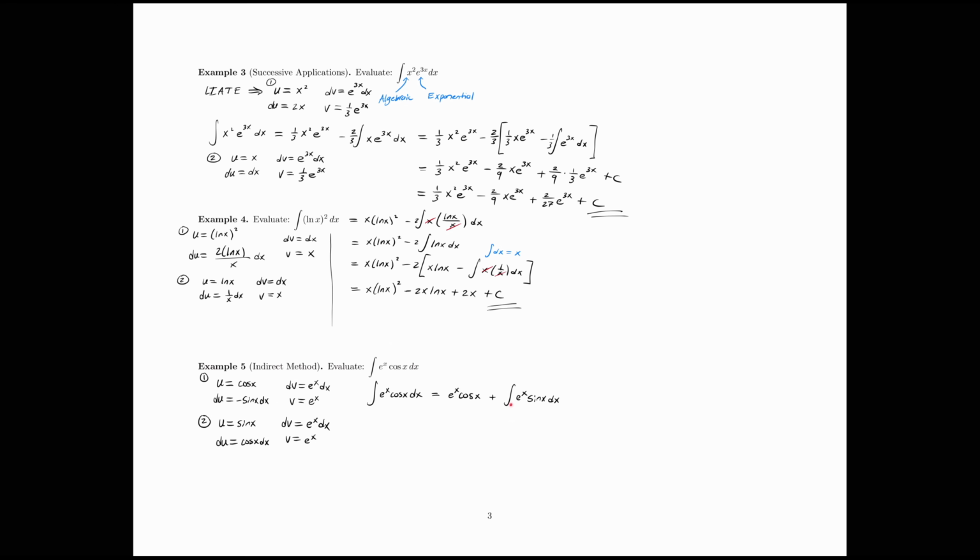If we do another round of integration by parts, then this is just going to bring us right back to here. We're going to have an e to the x cosine of x. And for some of you, that might just be enough to make you say you're stuck and that you don't know what to do. It's going to land right back to where we started. This is going to be an infinite loop, and there's nothing that we can do.